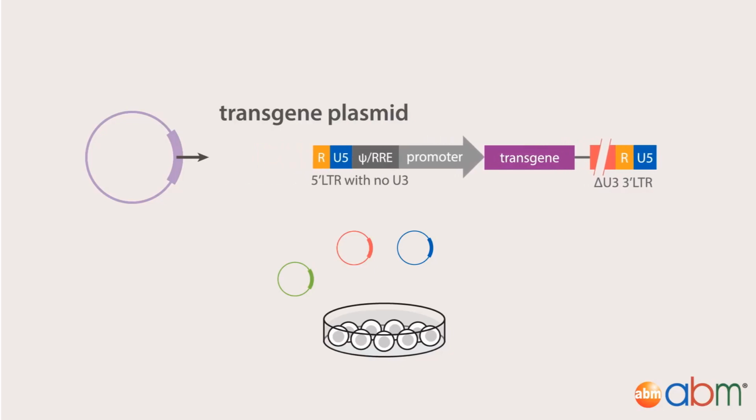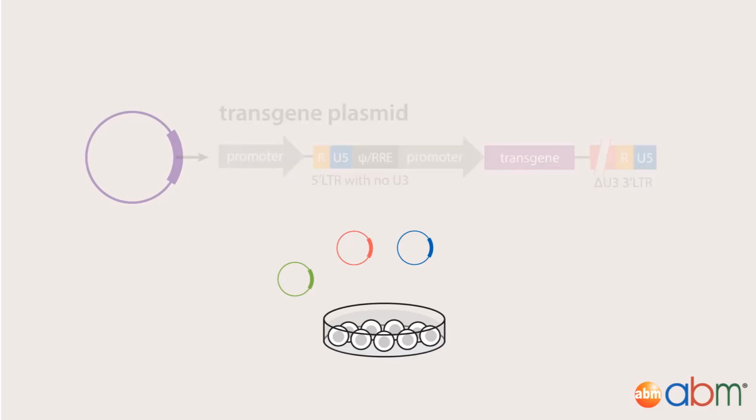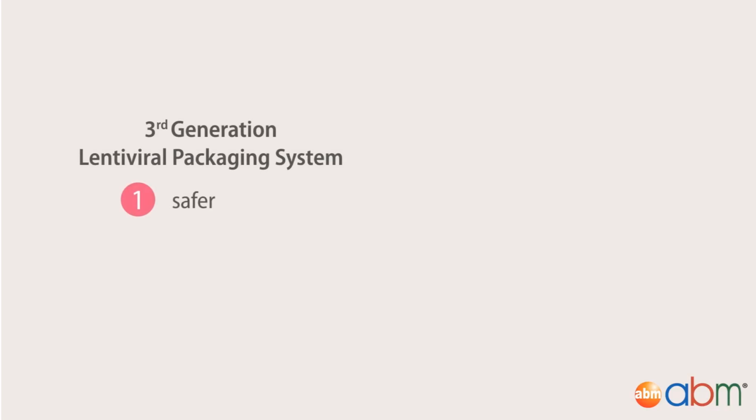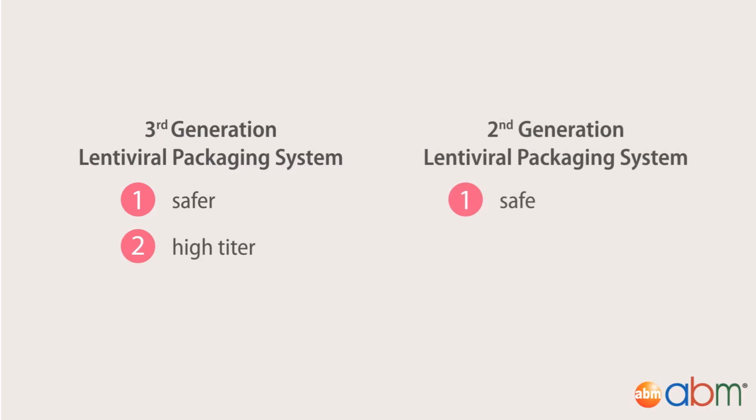The U3 of the 5' LTR is also replaced with a CMV promoter to eliminate the need for the transcriptional transactivator, TAT. Although the third generation is significantly safer, its viral yield is typically lower than that of the second generation system. At ABM, we offer both second and third generation lentiviral packaging systems to suit any application.